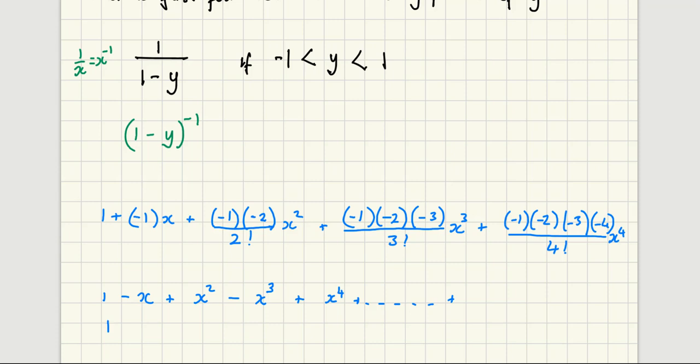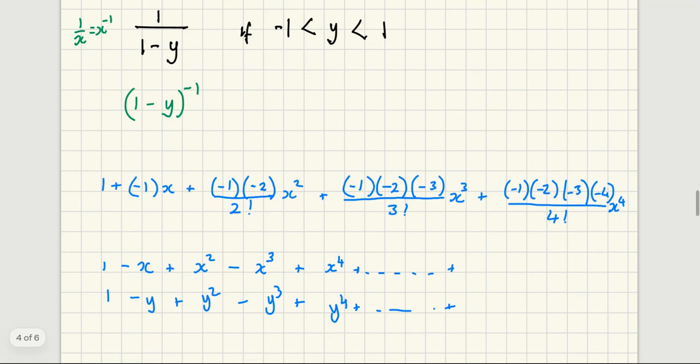Yes. 1 minus y plus y squared minus y cubed plus y to the fourth. Sorry, someone said it was x, and then I said no, y, and then wrote x myself. This expansion, if y is the wrong number, will just go on forever, and we'll never get an answer. So y has to be a value between -1 and 1 for it to be valid. They told you that in the question, so that's all good.